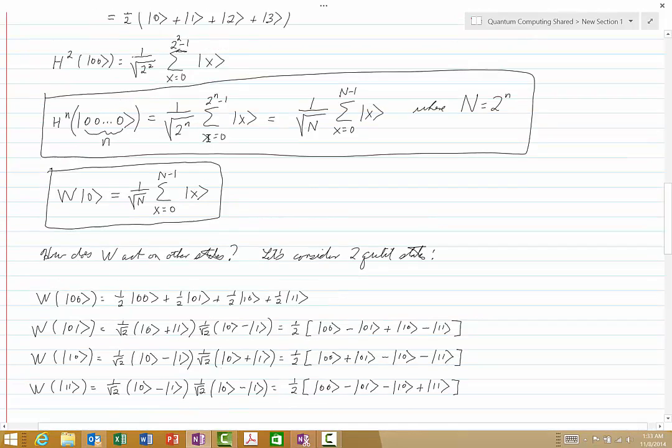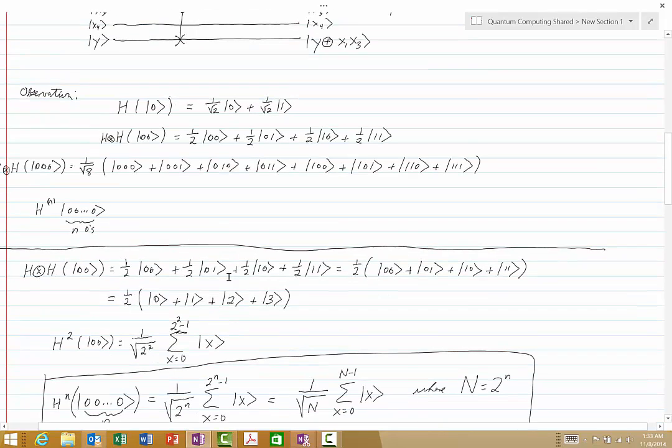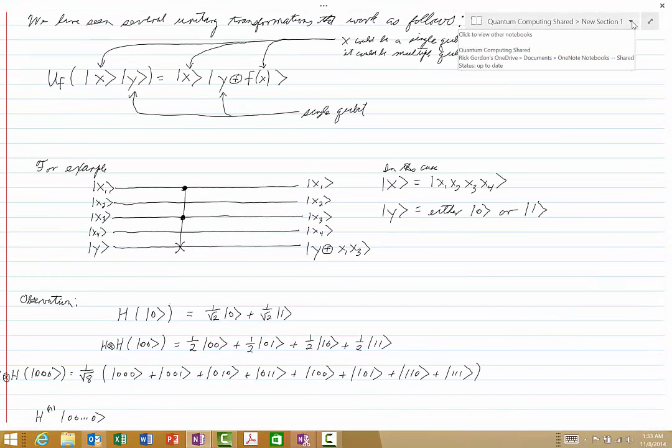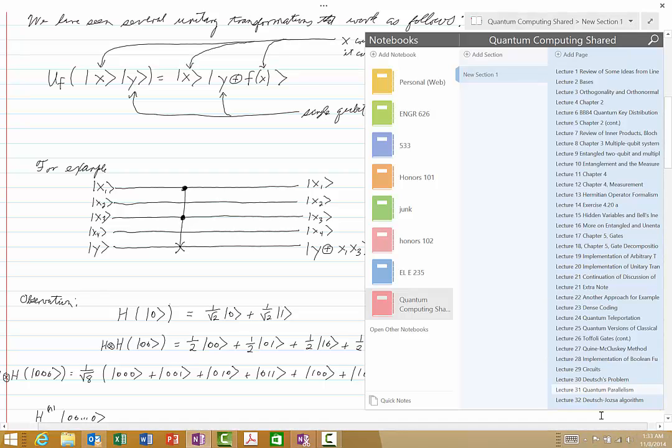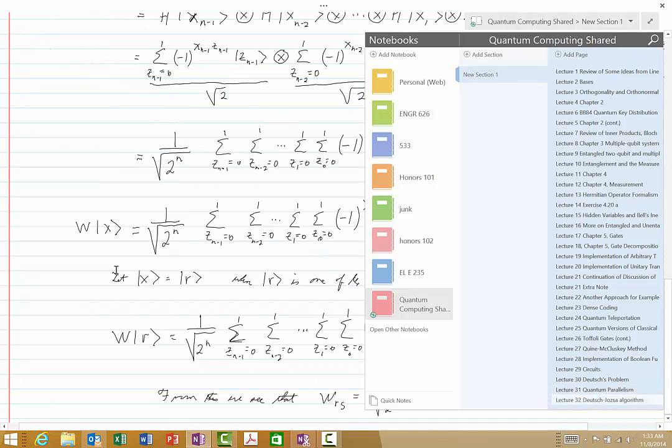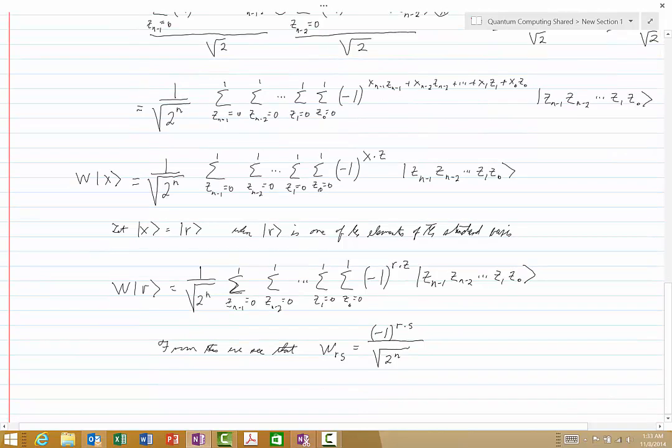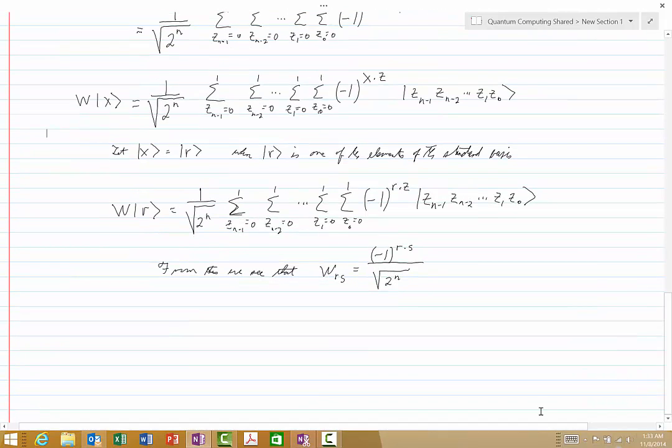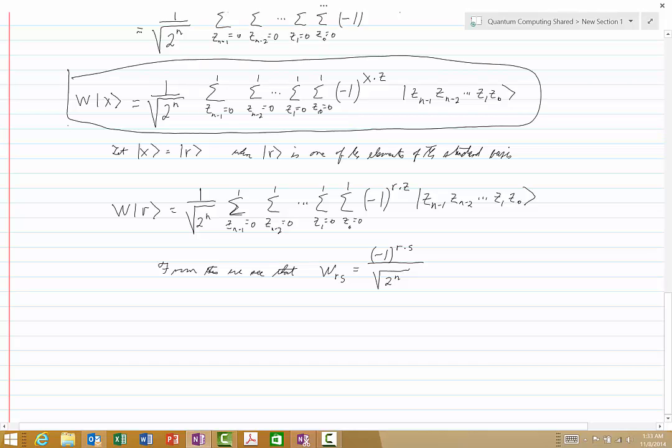So this approach to evaluating W is very powerful. So now let's return to lecture 32 and see how this formula is going to help us. I want to keep it in this form right here for the moment. This is the form I want to use in going forward.